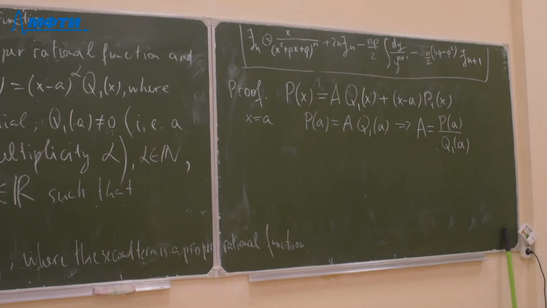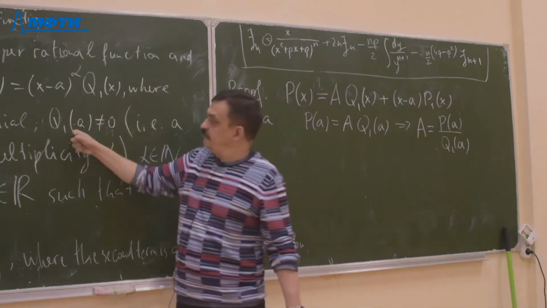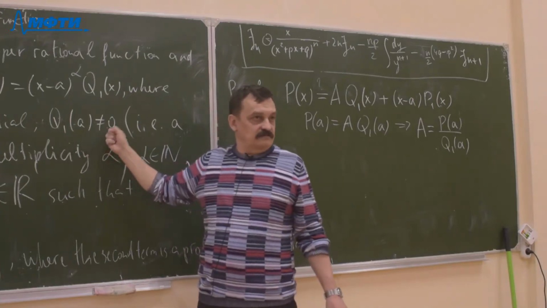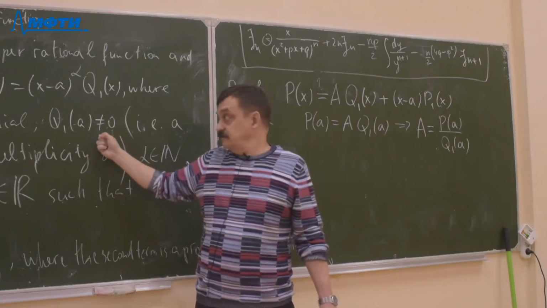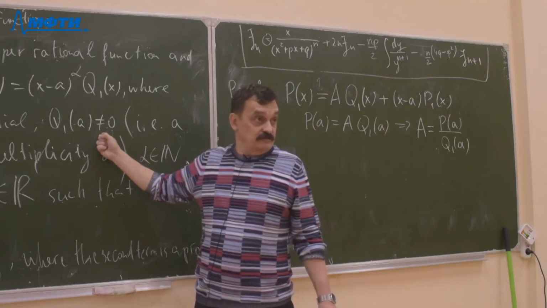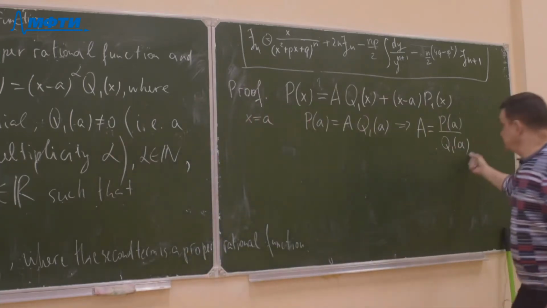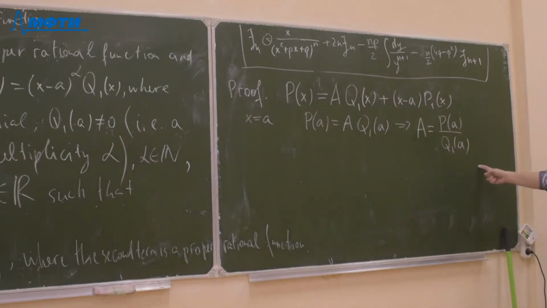So now, in fact, we are done. Why? Look. We know Q1 of little a is not 0. That is by the supposition, right? So that is a well-defined number, right?